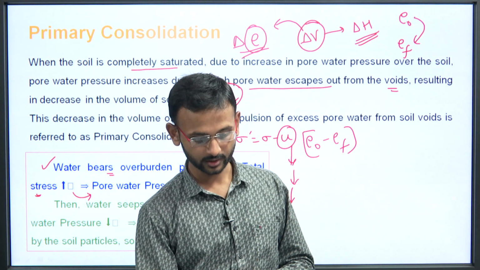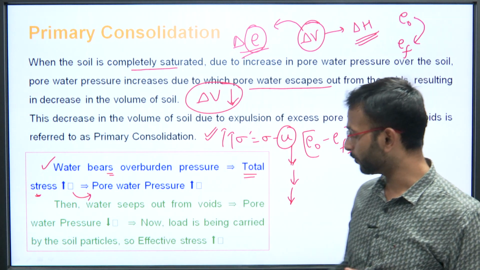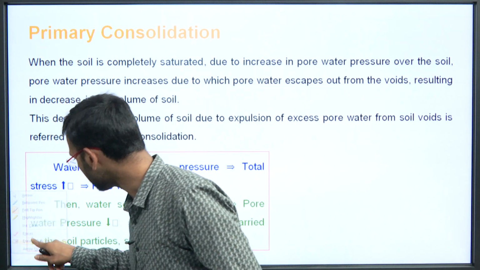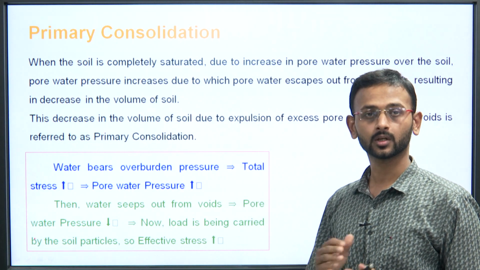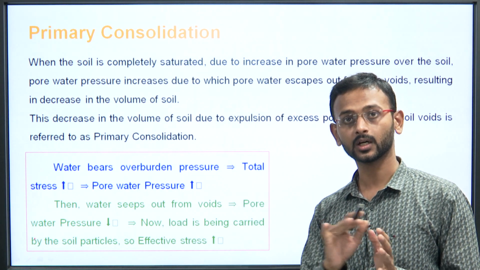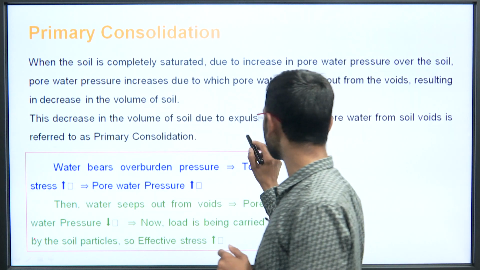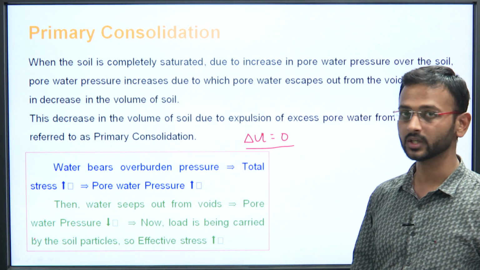Moving on to the next, one more very important thing: as soon as the entire pore water pressure has been converted into effective stress, the consolidation stops. As soon as the change in pore water pressure becomes 0, the 1 degree consolidation stops.